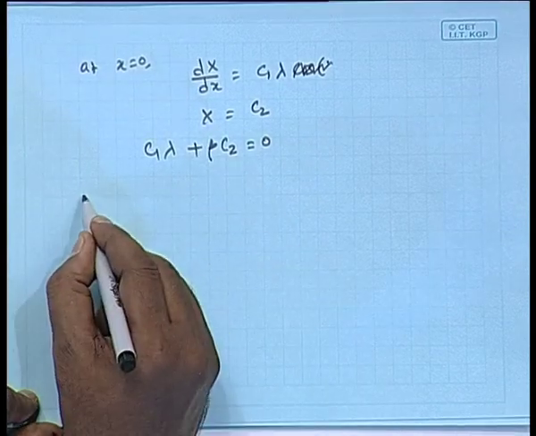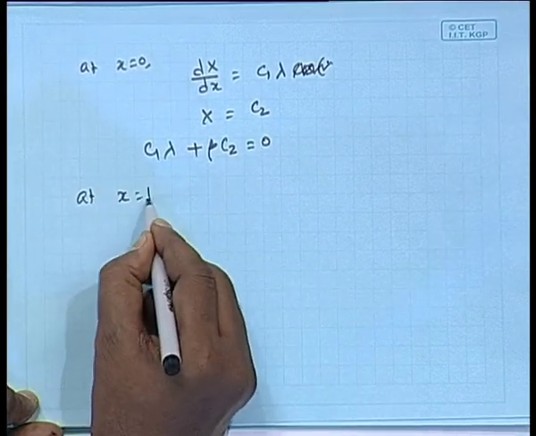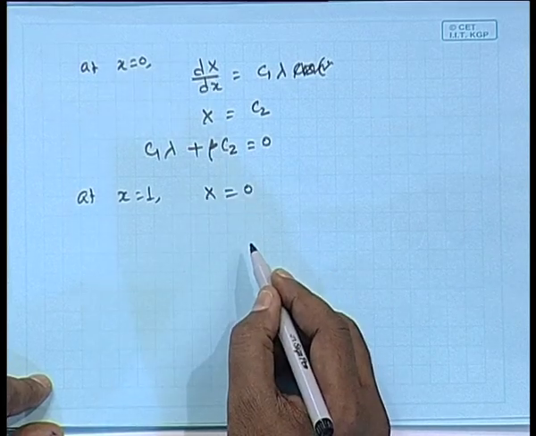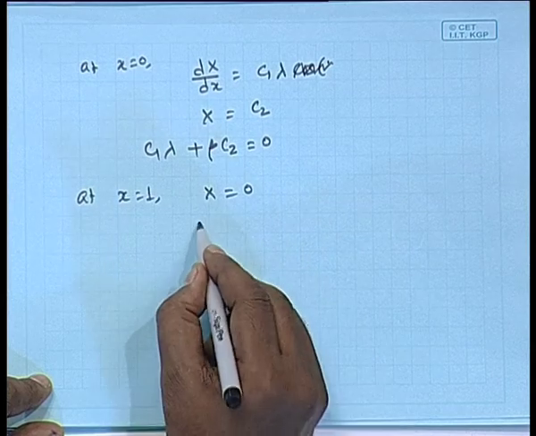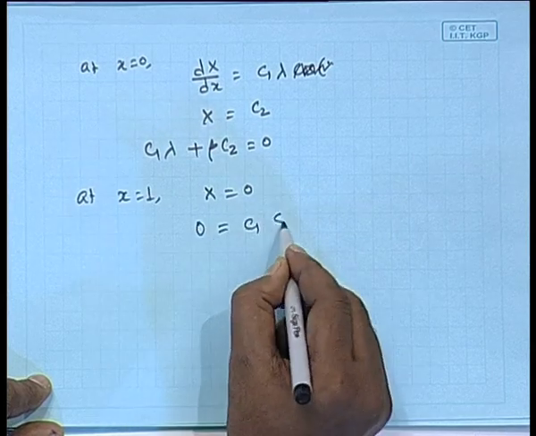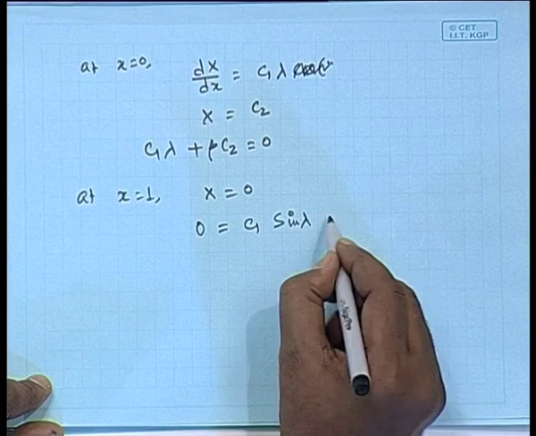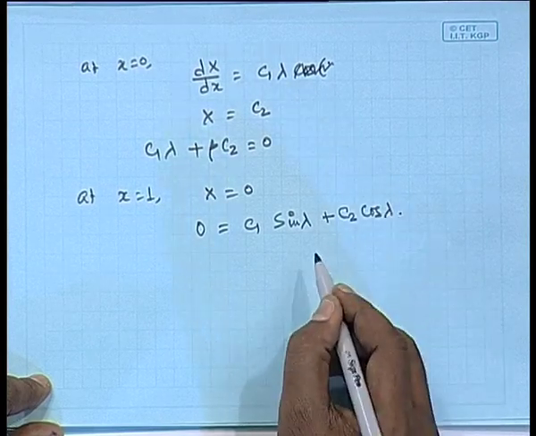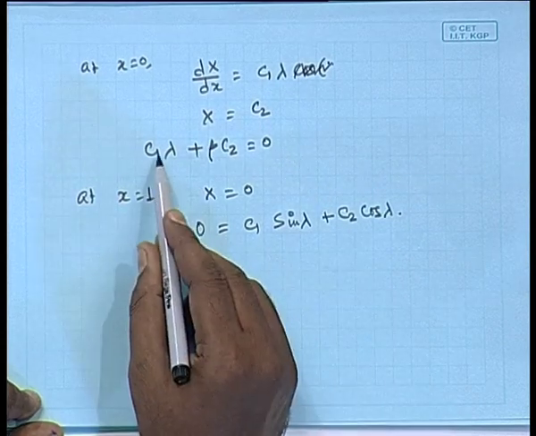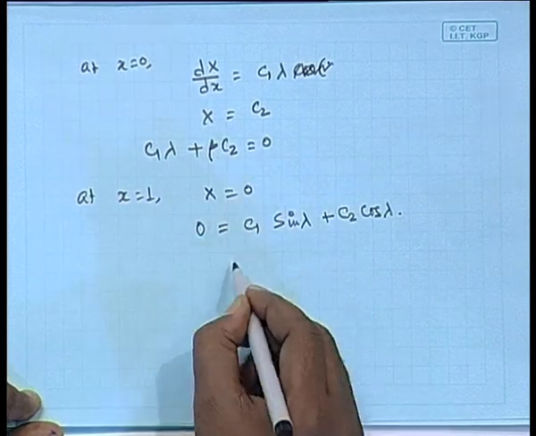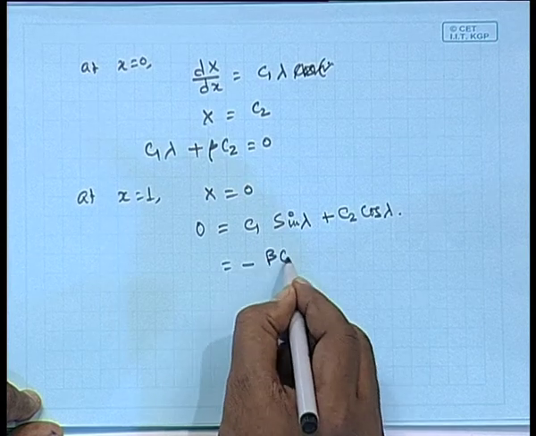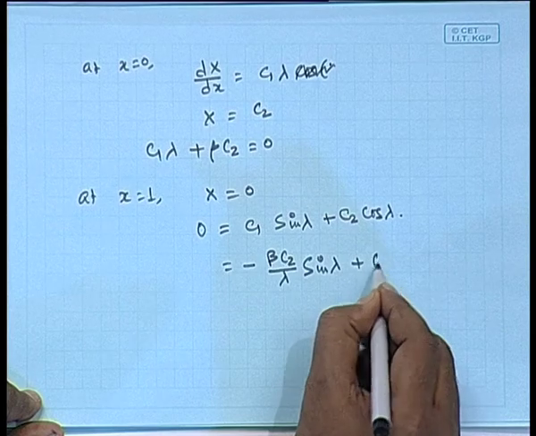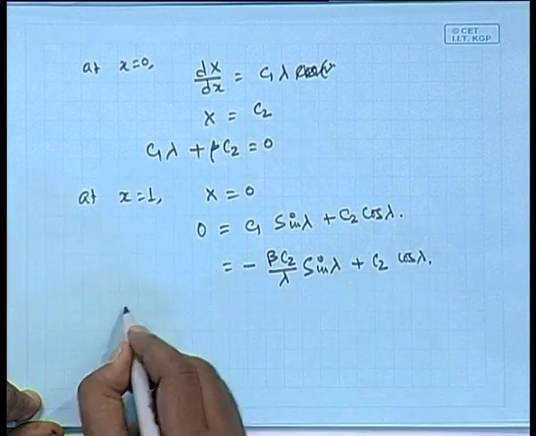Now, let us look into the second condition. At x equal to 1, X is 0. That means 0 is C1 sin lambda plus C2 cos lambda. And C1 is minus beta C2 by lambda, so minus beta C2 by lambda sin lambda plus C2 cosine lambda.